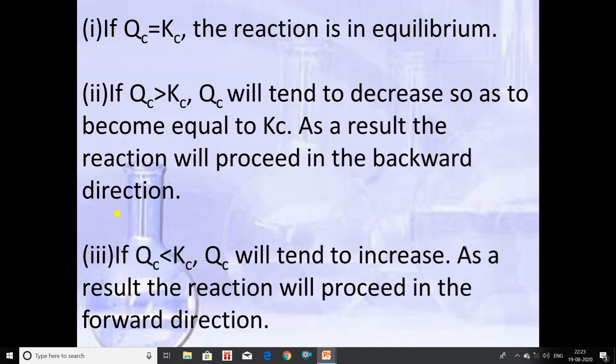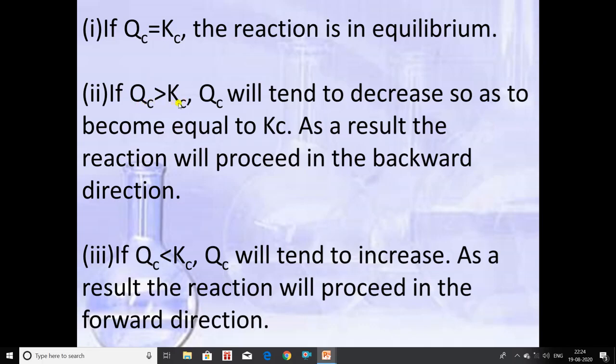So if the value of Qc is equal to Kc, that means the reaction is in equilibrium. If the value of Qc is greater than Kc, then we have to make the value of Qc equal to Kc. Qc is the value when there is no equilibrium, and we have to make it equal to Kc, the value at equilibrium. So how can we make Qc equal to Kc?